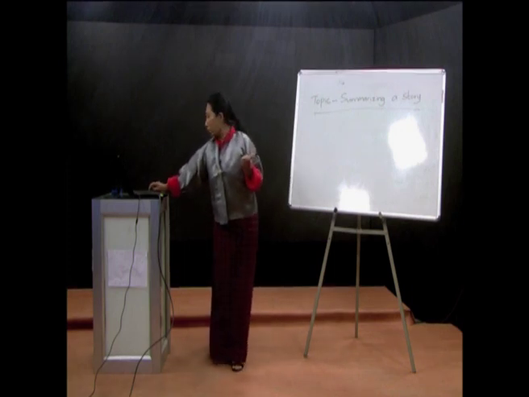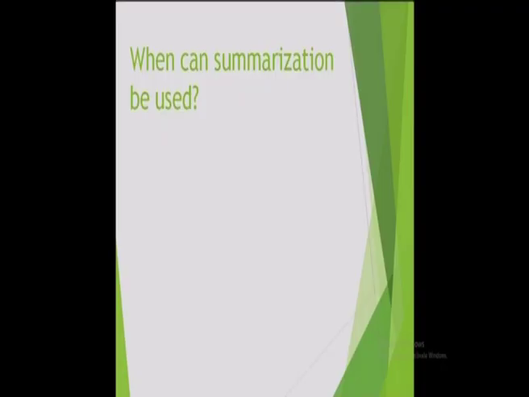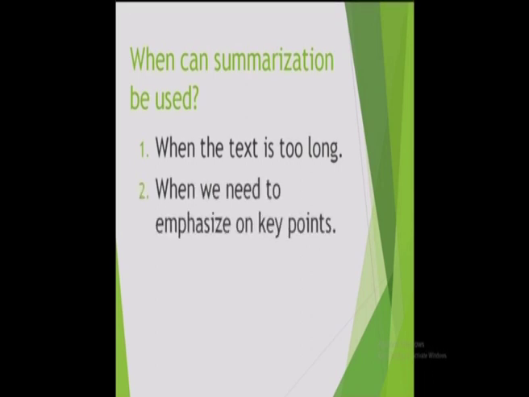Now, let us look at when can summarization be used. I'm sure that you know when summarization can be used, but anyway, let us learn together. We can use summarization when the text is too long. We can also use summarization when we need to emphasize key points.